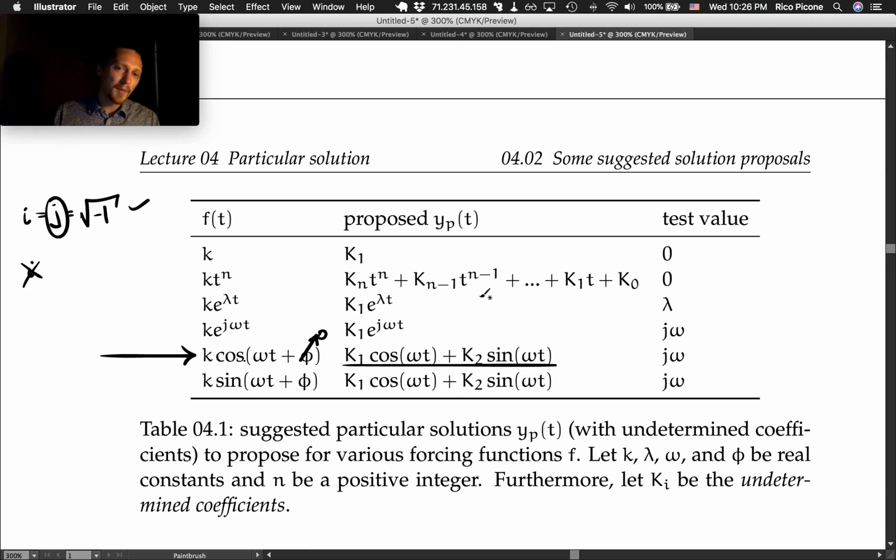You don't see a lot of polynomial forcing functions, so you're mostly going to be in this region here. So 1 or 2 undetermined coefficients, which means there's going to be 1 or 2 equations to solve simultaneously for the undetermined coefficients, K1 and K2.